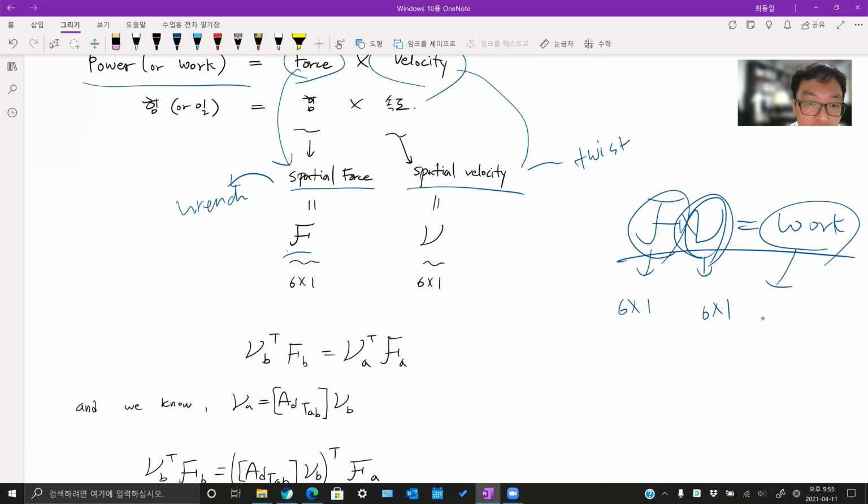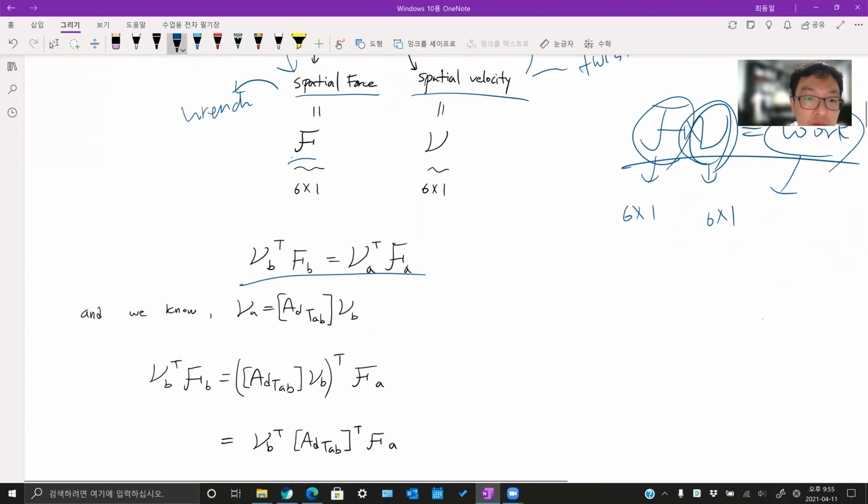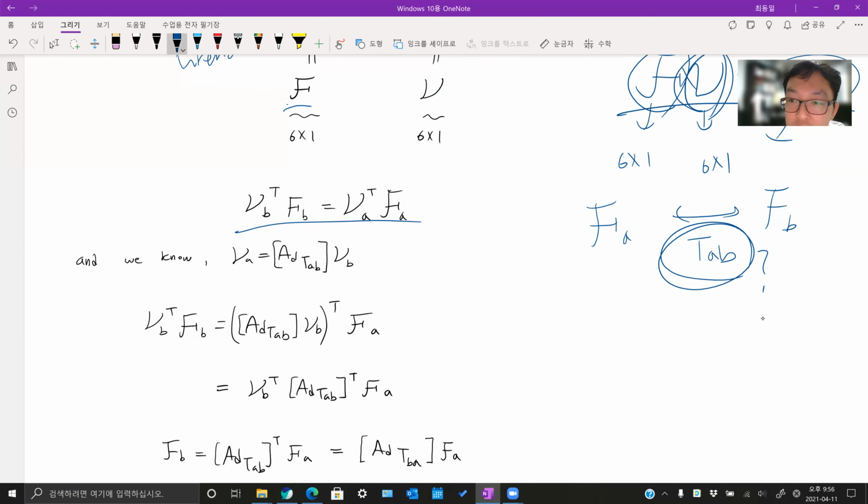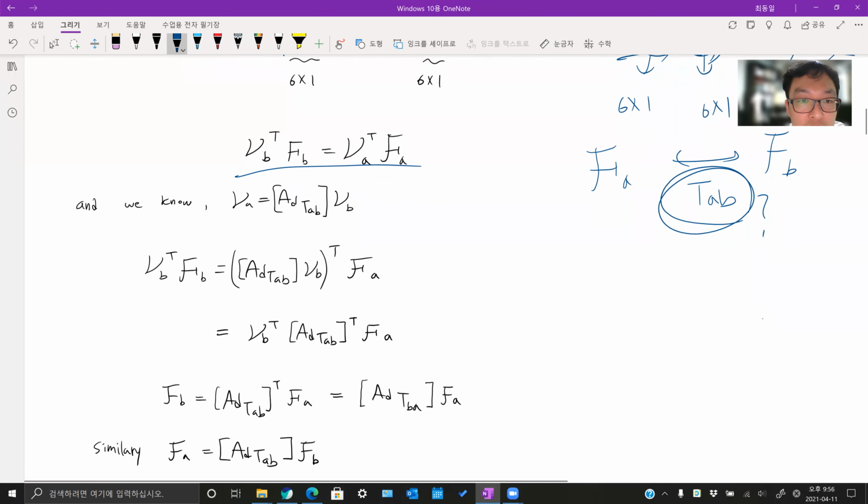So using this relationship, we can calculate the relationship between FA and FB, with TAB. So how can we calculate this?